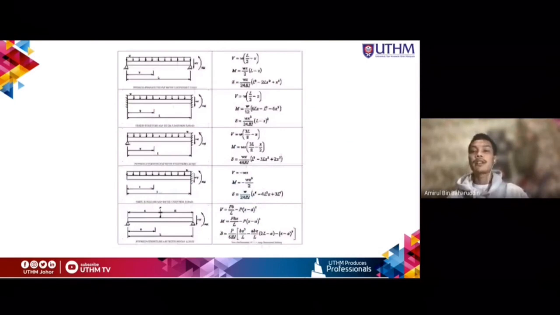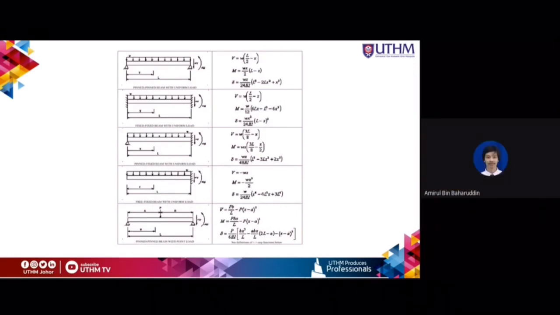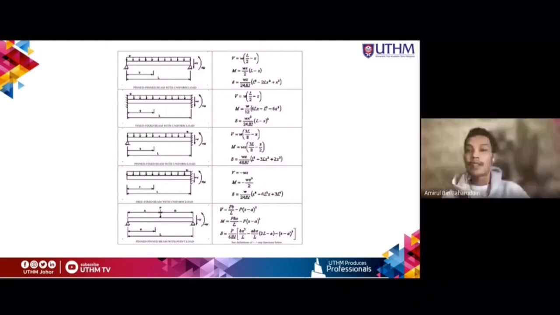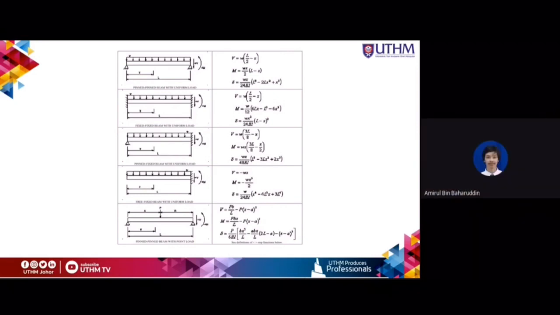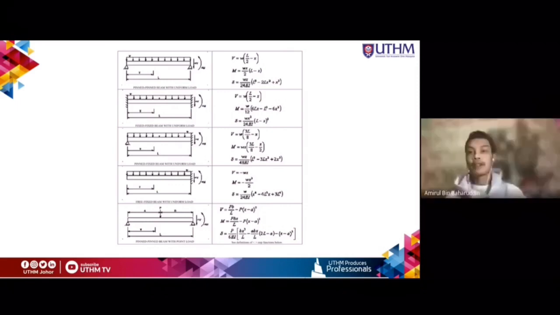So basically, there are types of beam: pin beam with uniform load, pin fixed beam with uniform load, fixed beam, which is a fixed constraint, and pin beam. We have an example to find bending moment and force following this.